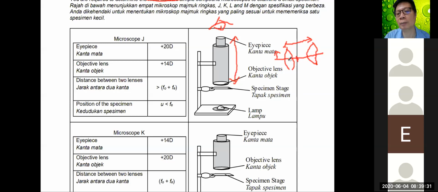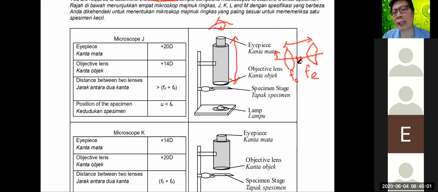The eyepiece focal length is longer, maybe it's here, but they don't join, there's a gap. So this is the focal length of the objective lens, FO. This is the focal length of the eyepiece, FE.